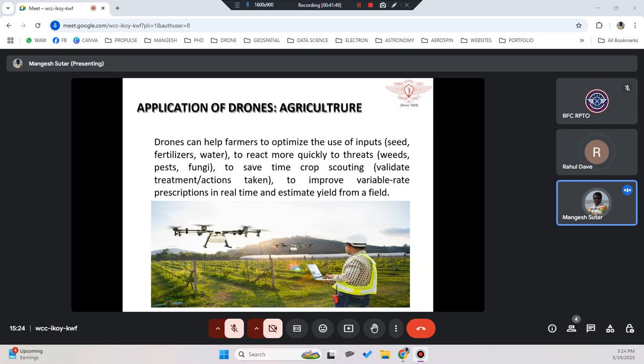Plus, to spray the pesticide in a field of 1 acre in the normal traditional way, where a person comes and does all these things, it takes something around 3 days, sometimes 5 days. And complexity is there.